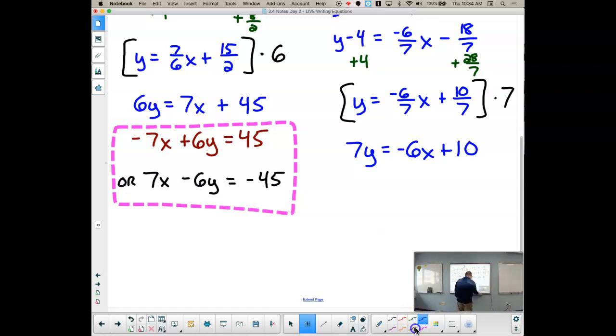Gives me a final answer here for B of 6x plus 7y equals 10. Okay. Oh, forgot to circle my answer.